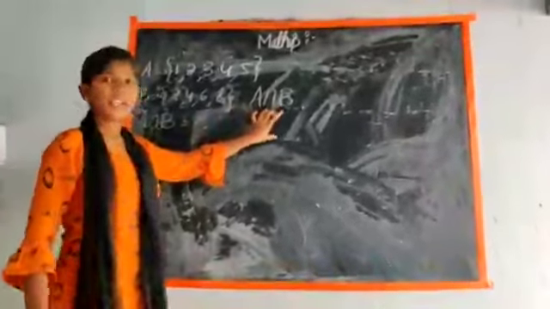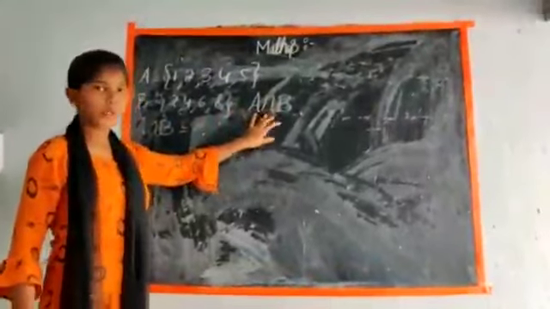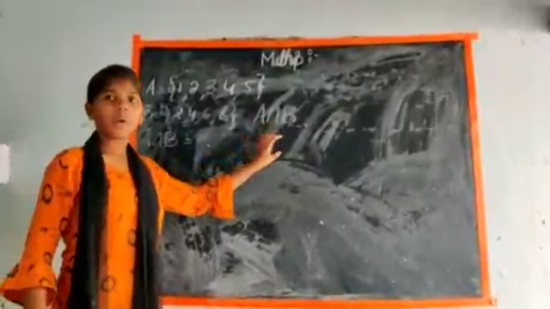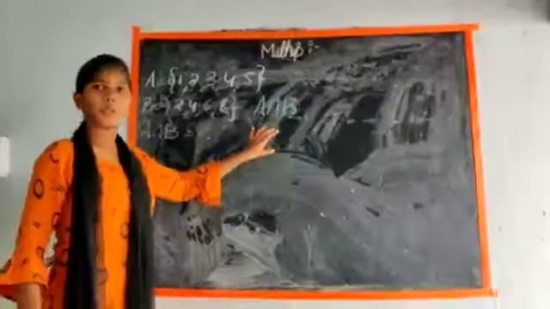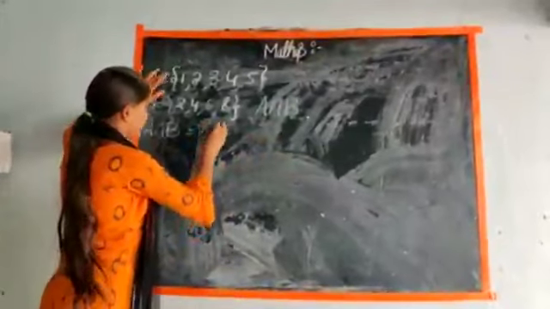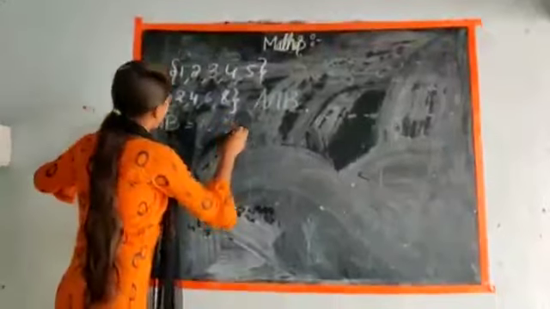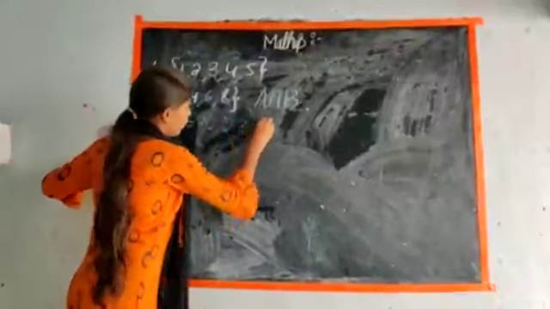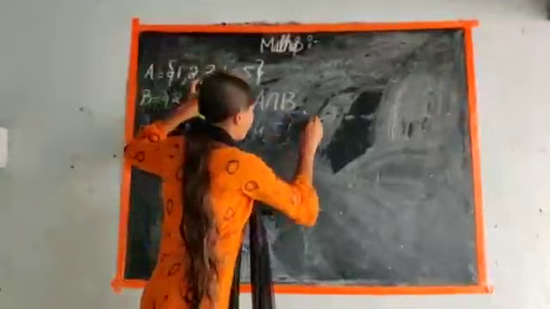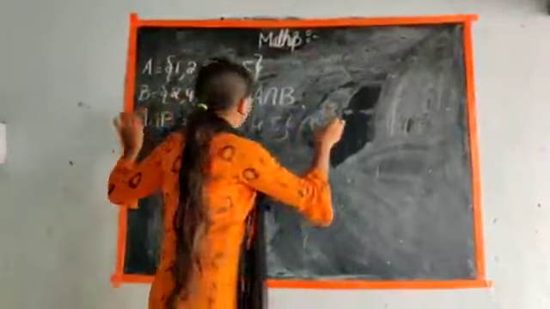So we have done A union B. Now we are going to do A intersection B. A intersection B means we have to write only the common elements in the two sets. A set is 1, 2, 3, 4, 5 and B set is 2, 4, 6, 8.